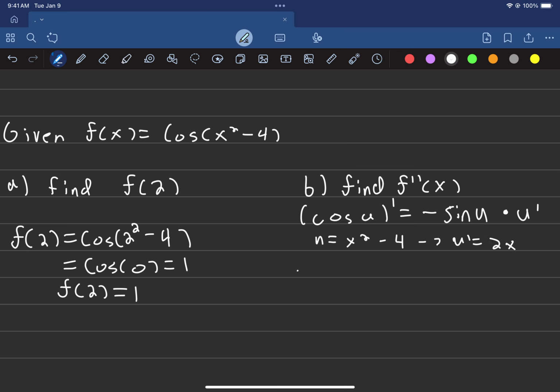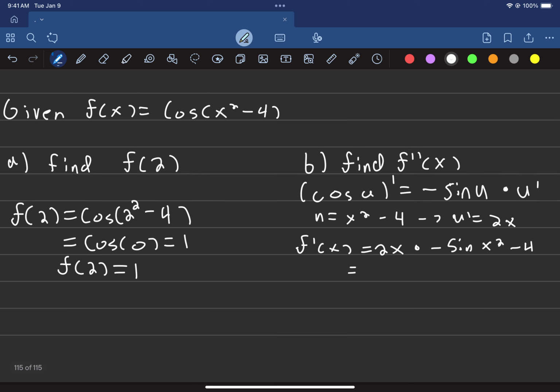So therefore, f prime of x is equal to u prime, so 2x, times negative sine of x squared minus 4, which you can write as negative 2x sine of x squared minus 4.